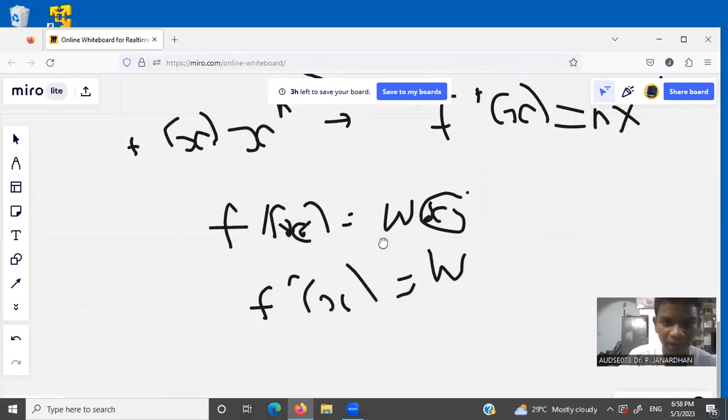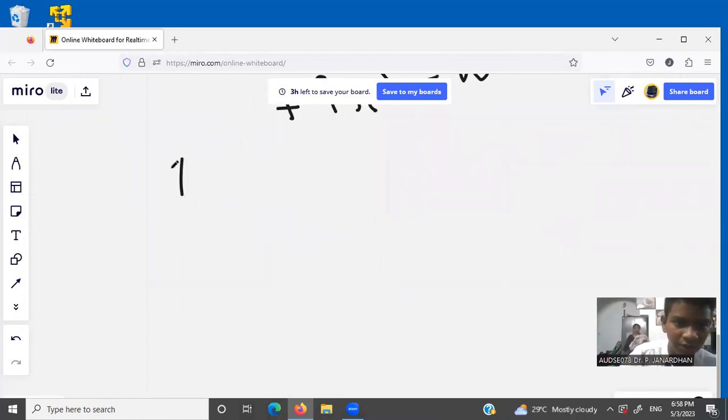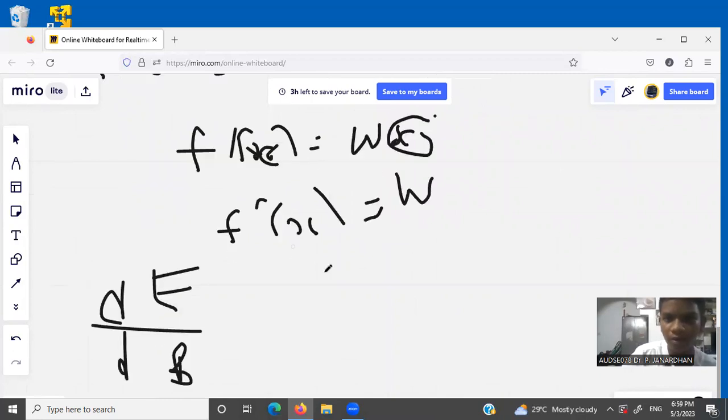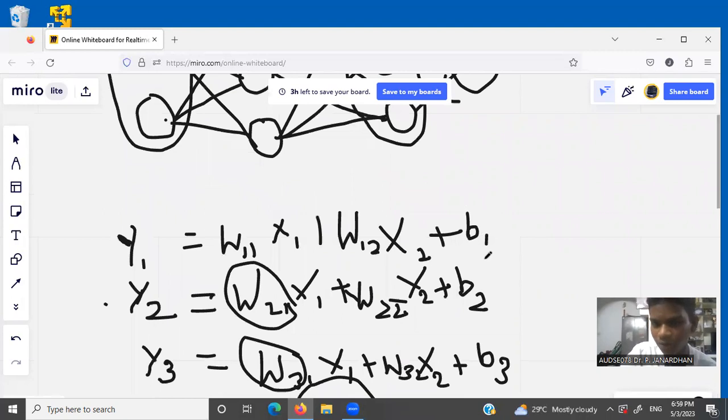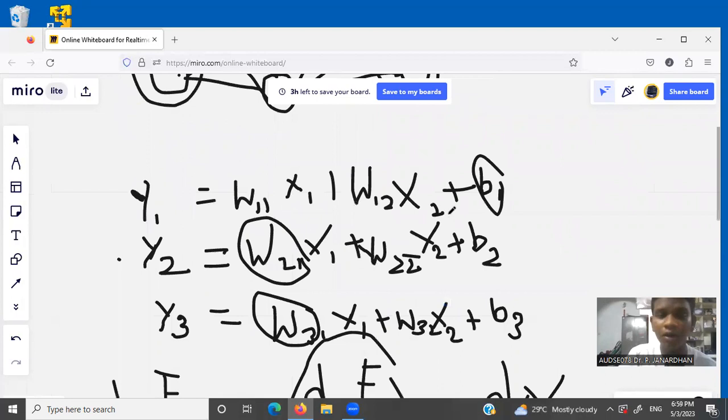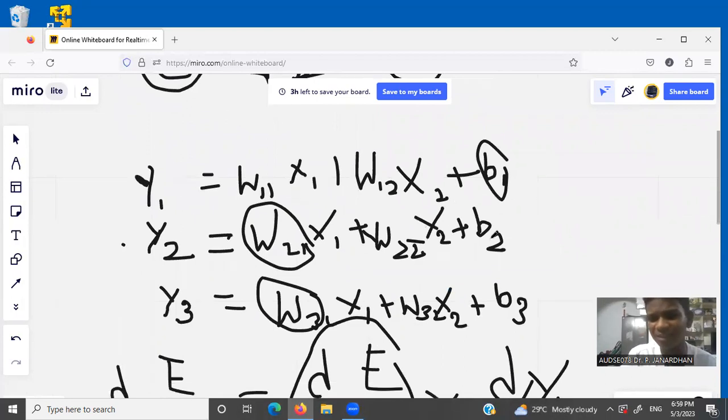Now let's calculate the derivative for bias, so now we'll calculate de by db. We are going to calculate the derivative of b1 with respect to the error function, that is, how this b1 affects the error function. That is pretty easy.